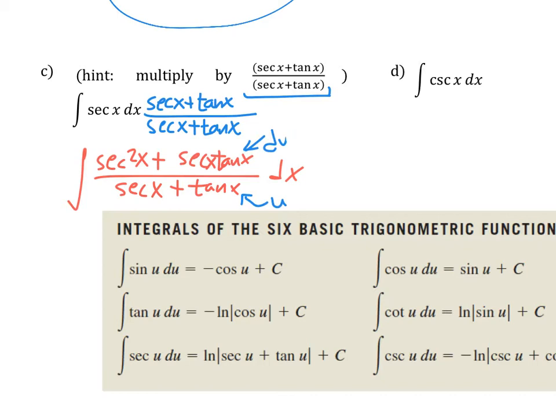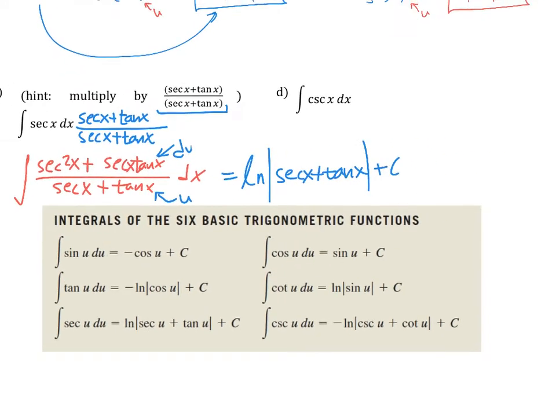I can write that out. So we have du over u, the derivative over u, and so our general log rule here, integral of u prime over u, is going to be the natural log of the absolute value of that inside. Secant x plus tangent x plus c.